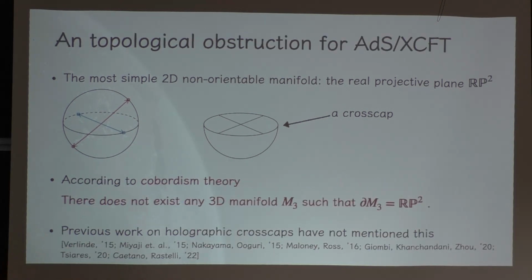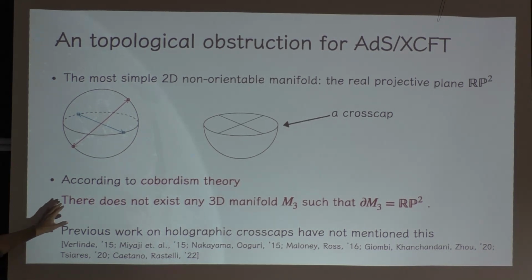Okay, so let's think about holography associated to XCFT. There's actually a topological obstruction for constructing the gravity dual for an XCFT. There's a very simple reason. When we are finding a holographic dual, we're looking for a bulk geometry.